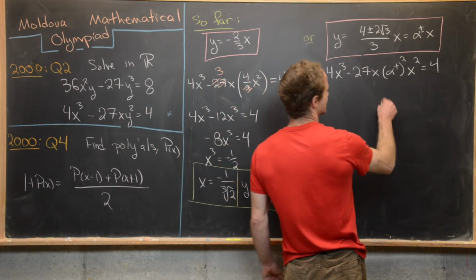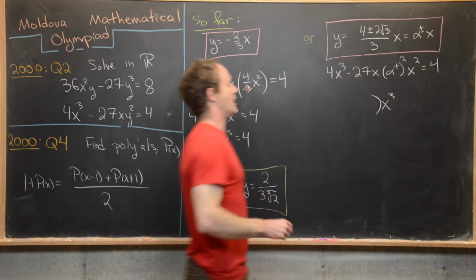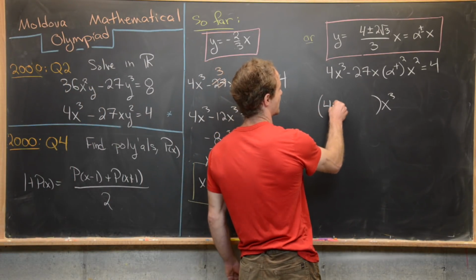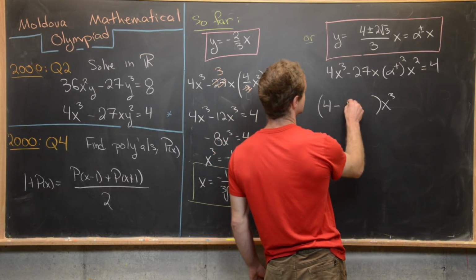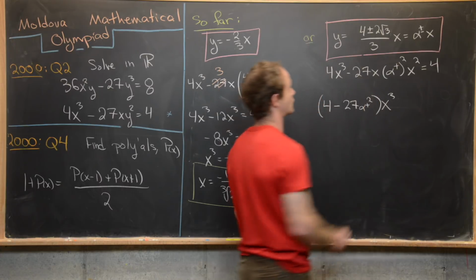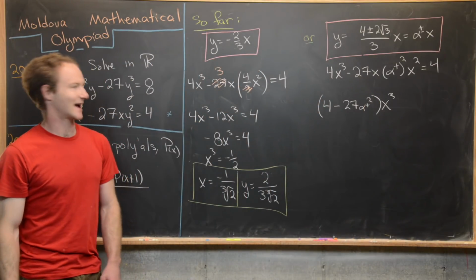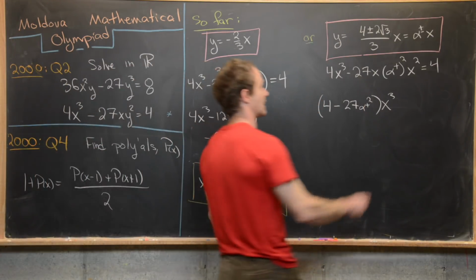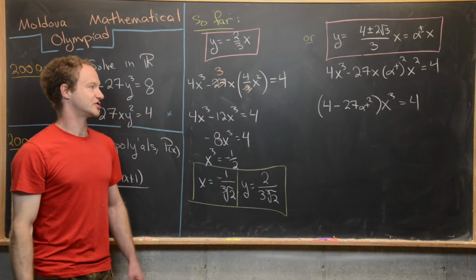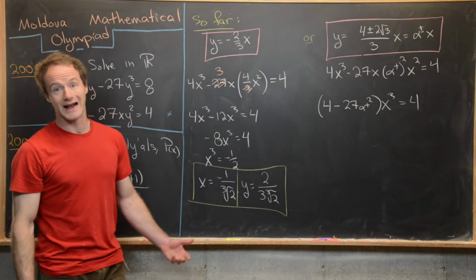We can maybe factor an x cubed out of the left-hand side of that equation, and that's going to leave us with 4 minus 27 times this alpha plus squared, where again alpha plus is that kind of gnarly number. Now this is going to be equal to 4, but that allows us to solve for this x pretty easily.